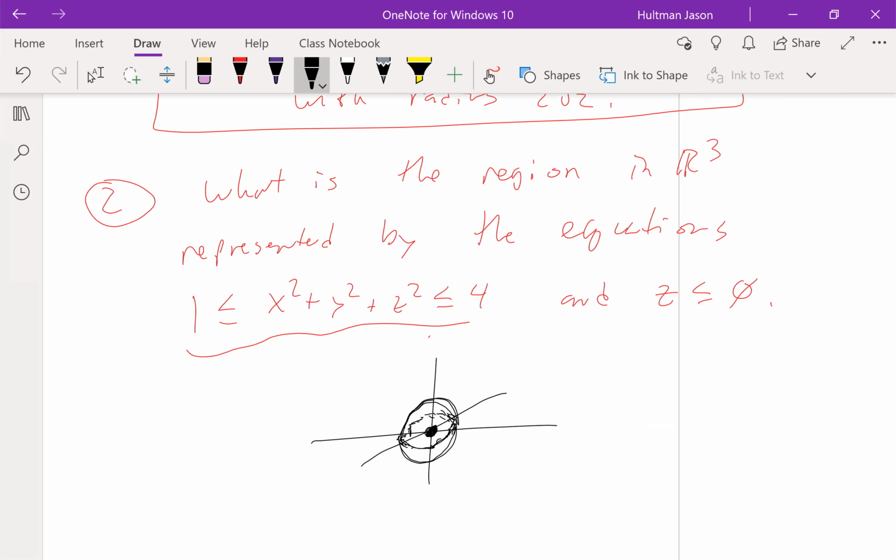Right? But then we also have another sphere of radius 2. Right? So we have a bigger sphere. Let me put that one in purple.